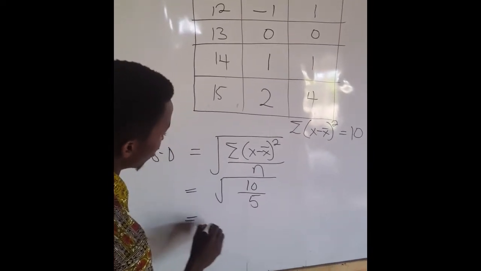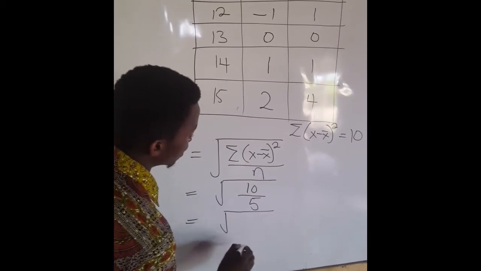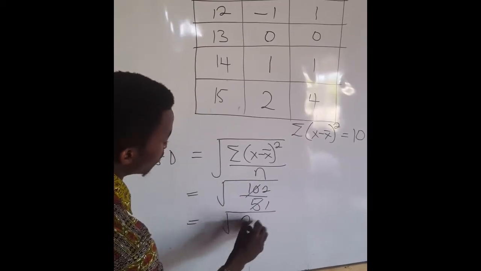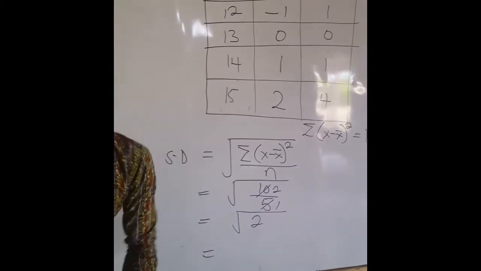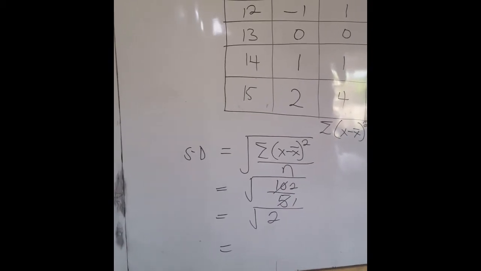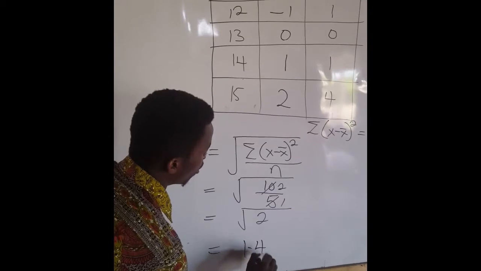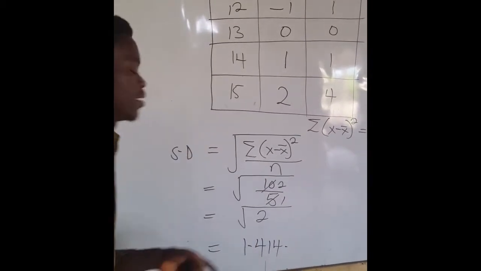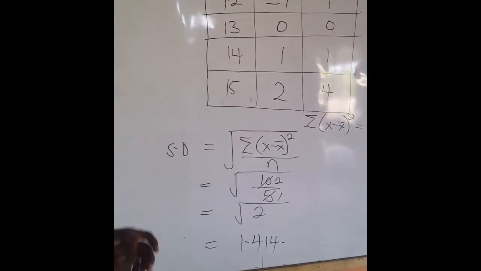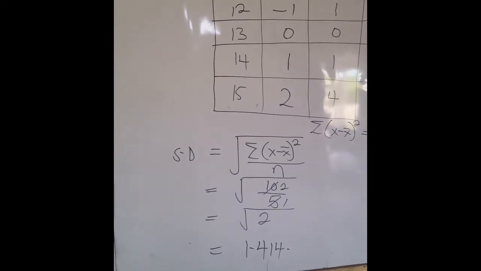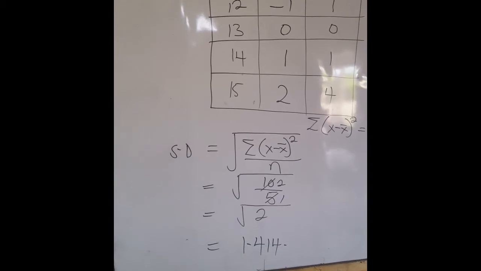So here it means you are going to get root of what? 5 goes here 1, 5 goes here 2. We are going to get root of 2, which is 1.414 in decimals. So that's how to find the mean and the standard deviation for a single data.